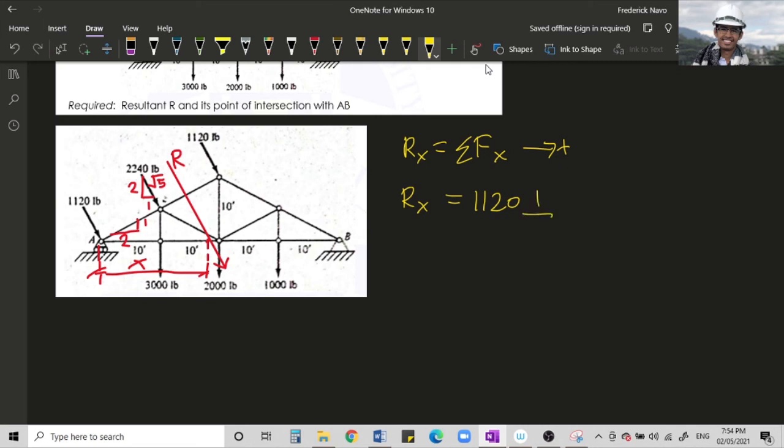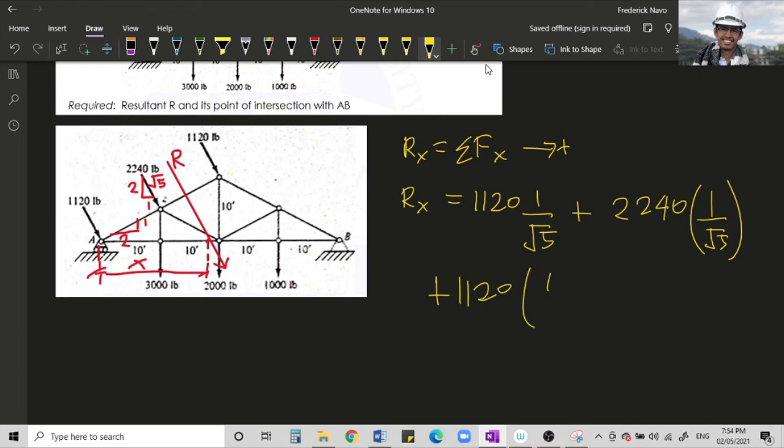So, that will be 1 over square root of 5. Yan. And, plus 2,240 pounds times 1 over square root of 5. Tama? Plus, meron pa tayong isang 1,120 doon, times yung slope niya, that will be 1 over square root of 5.